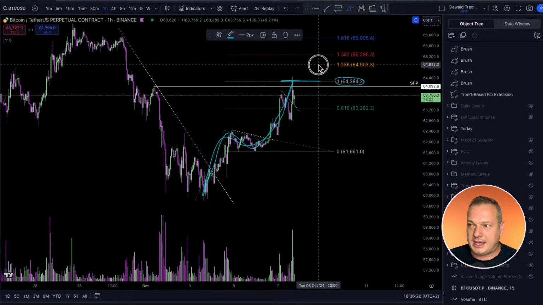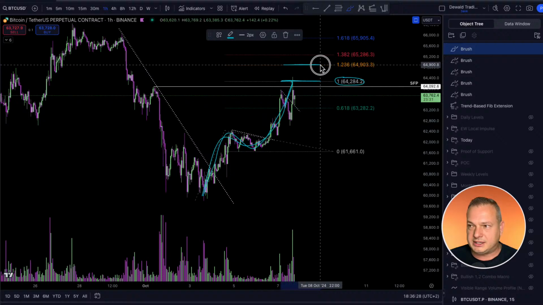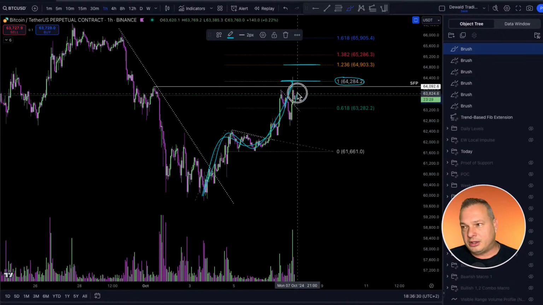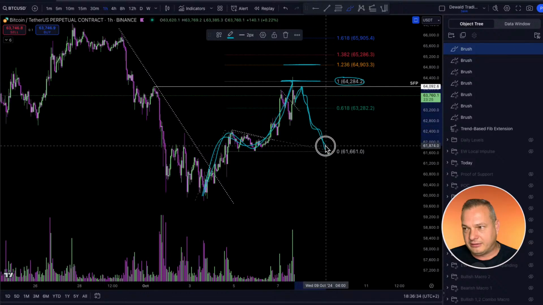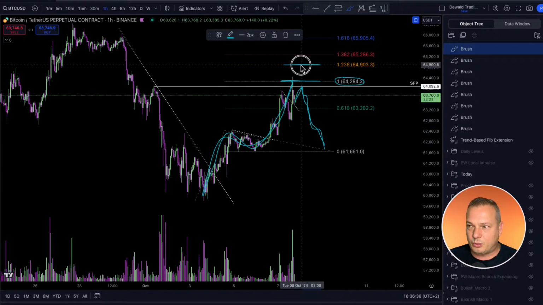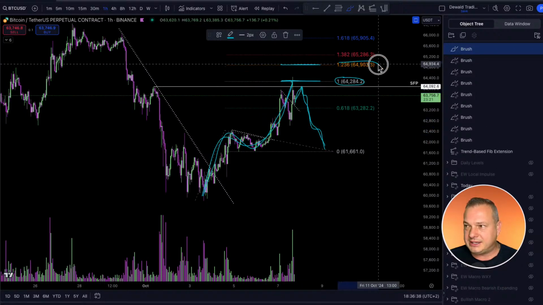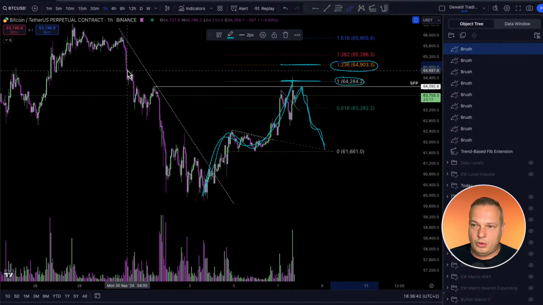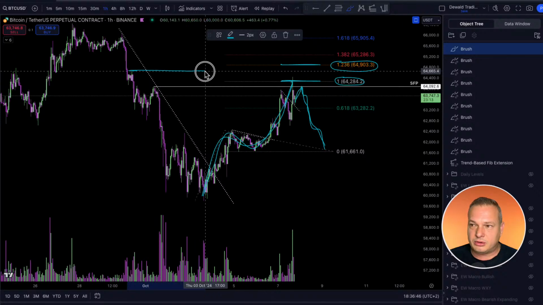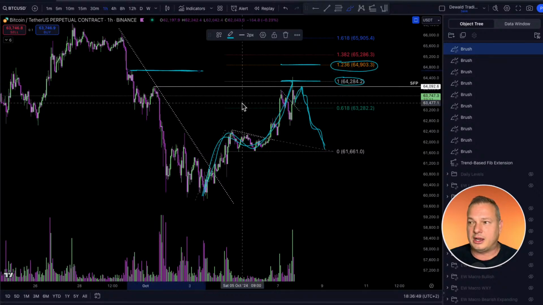It also has a target of the 1.236. So if we are not going to fall down from here, maybe backtest the level and fall down from here, the next area that I'm watching is the 1.236 at $64,900, which more or less has confluence with these highs. So I will also consider a short from these local highs over here.